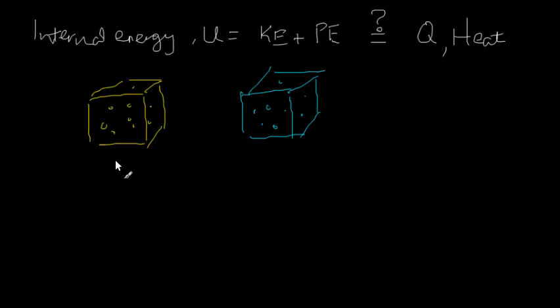Let's say this one is 25 degrees Celsius, room temperature, and this one I've just put in a bucket of boiling water and taken out. Maybe it's about 95 degrees Celsius. So this one is really hot, this one is cool.